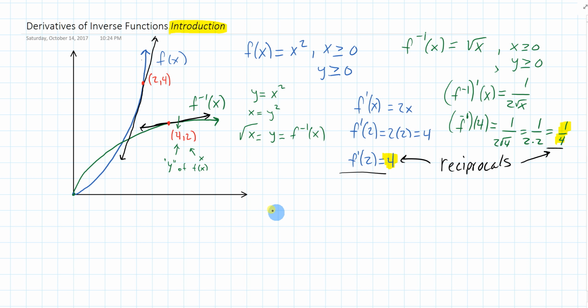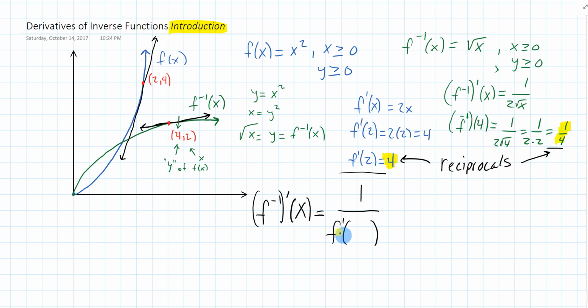So what can we say about the derivative of the inverse function? Let me denote it like this: f inverse prime of x is equal to 1 over f prime. Now I'm writing f prime because we just said that the derivative of the inverse and the derivative of a function are reciprocals.